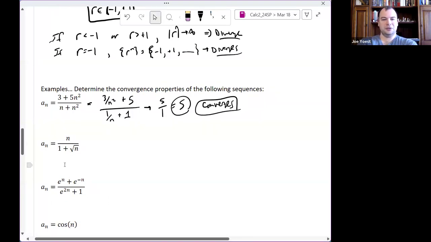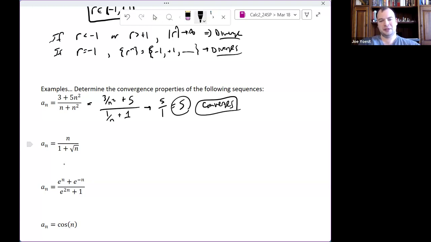What about a_n equals n over 1 plus root n? So here again, maybe I look at this and I say, well, numerator and denominator both still go to infinity. I'm not 100% sure.